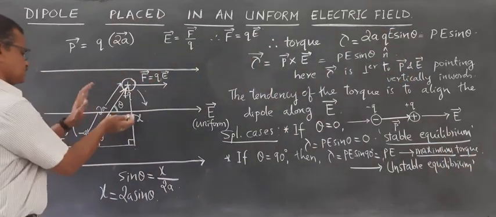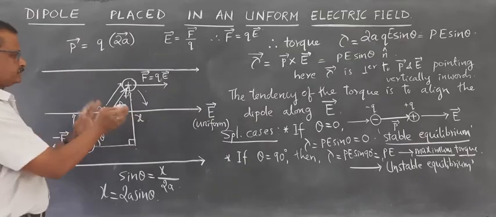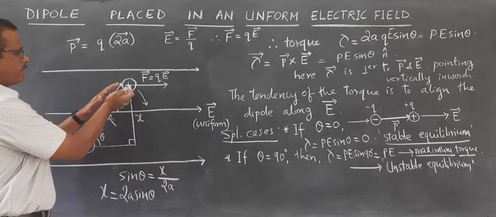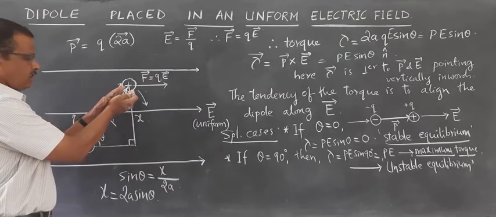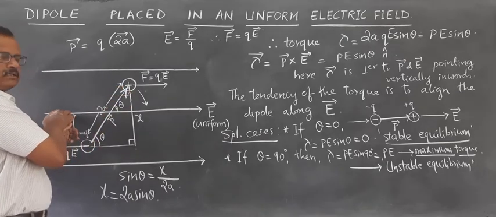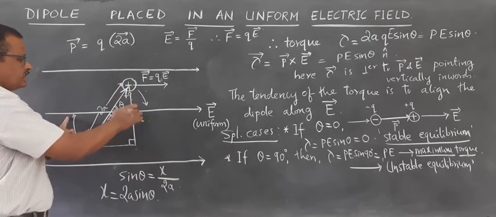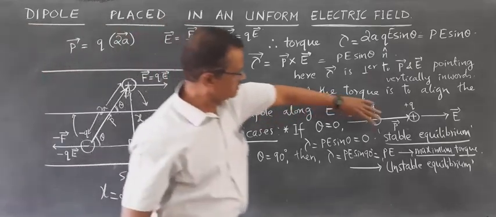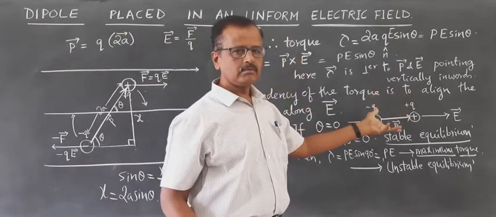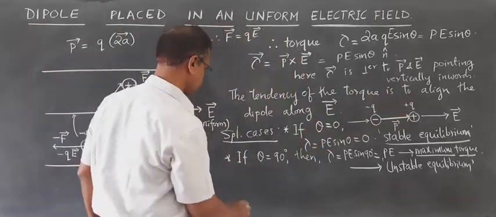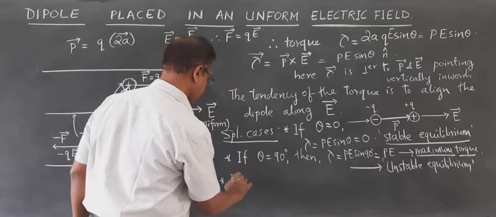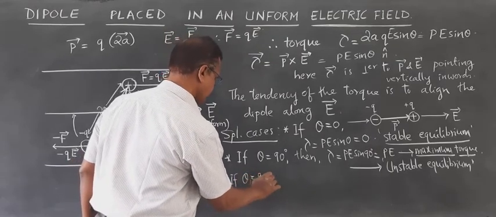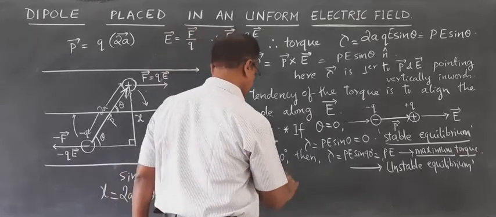Now, if it is turned totally reversed, if the positive charge of the dipole is in the opposite direction and negative charge is here, exactly suppose it is turned 180 degrees, then what happens?